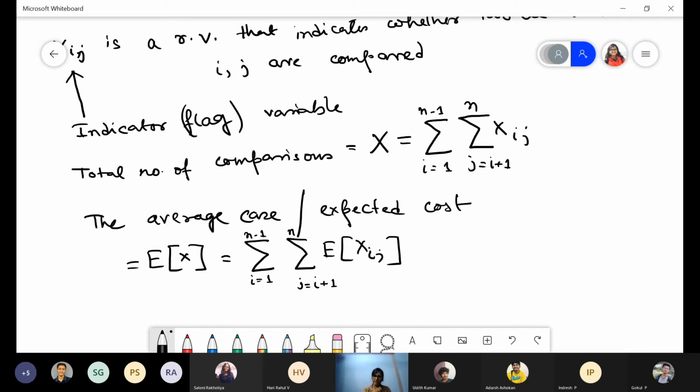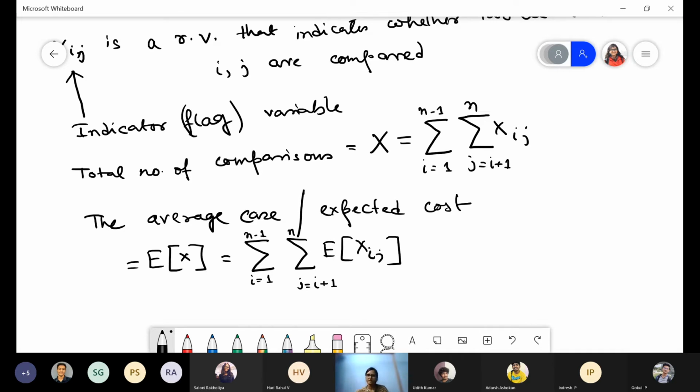Now how do we find the value of the expectation? We take an indicator variable that indicates whether two elements are compared or not. We have claimed that comparison is the most costly operation, so the expected value of that indicator variable over all possible cases will give you the average case.